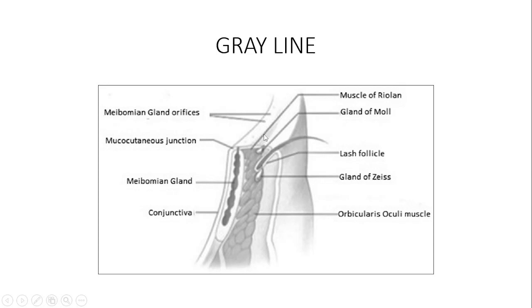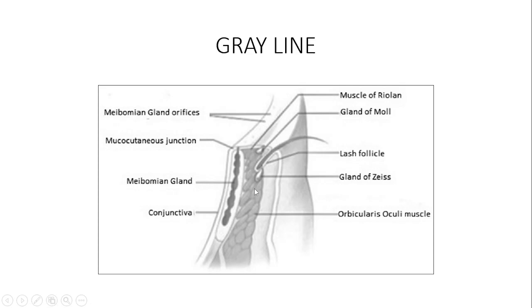So, which structures are found anterior to the gray line? Anterior to the gray line, one, we have the orbicularis oculi muscle, okay? Two, we have the eyelashes, okay?